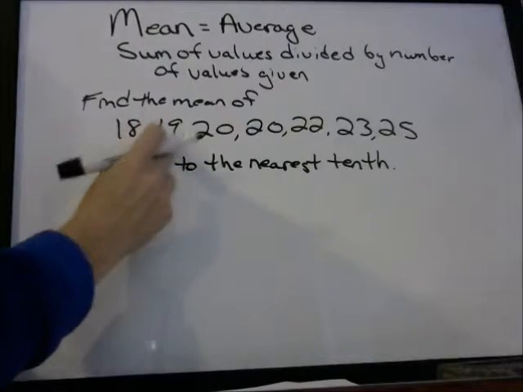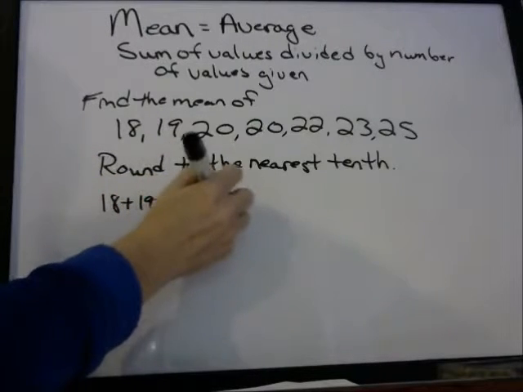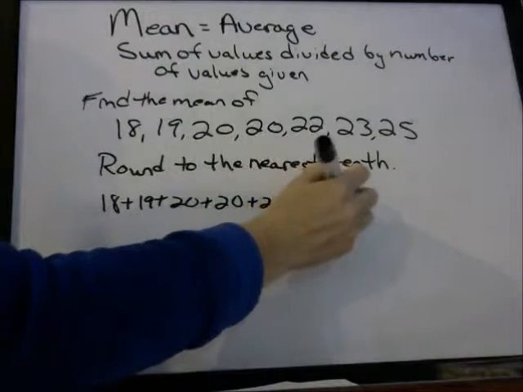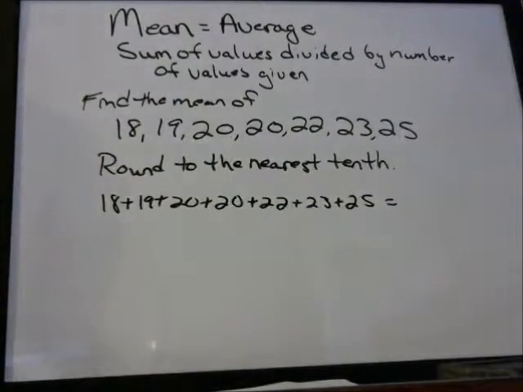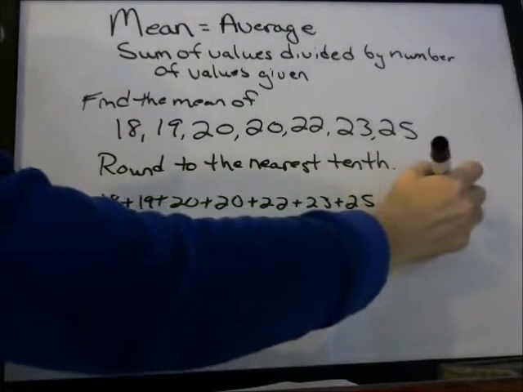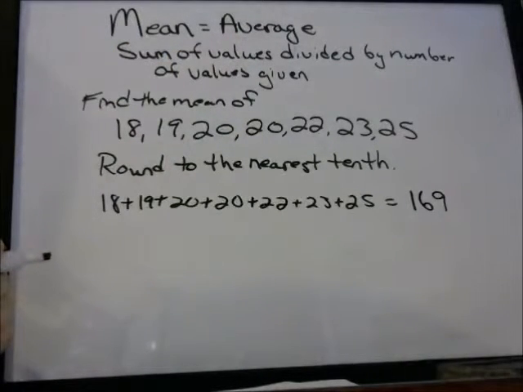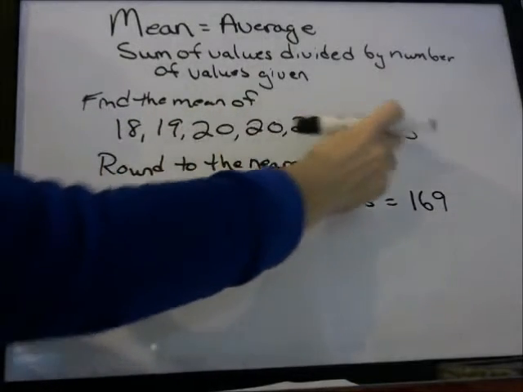Sum of the values, add all these up. So 18 plus 19 plus 20 plus 20 plus 22 plus 23 plus 25. You plug that in your calculator or do it by hand, and you're going to get 169. So that's the sum of the values. We're going to divide by how many values we have. 1, 2, 3, 4, 5, 6, 7.